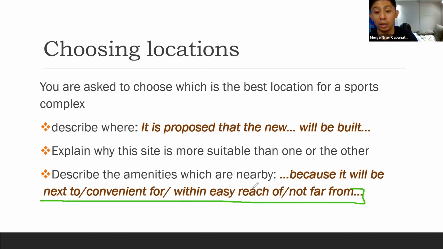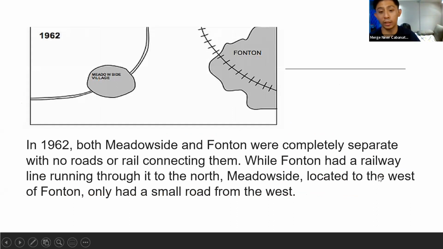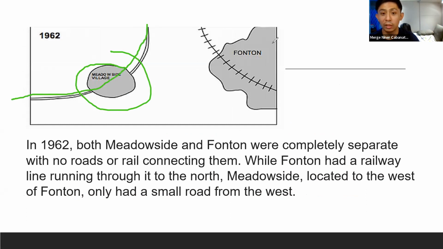Okay, when you are comparing their amenities, it's proximity to, so you can also use those phrases. Take a look at what I did here. This is my specific detail for 1962. All right, this is your Meadowside Village. You have one small road. This is Fontan. You have one railway, both of which are heading towards the north.